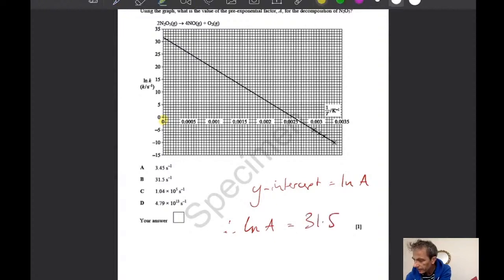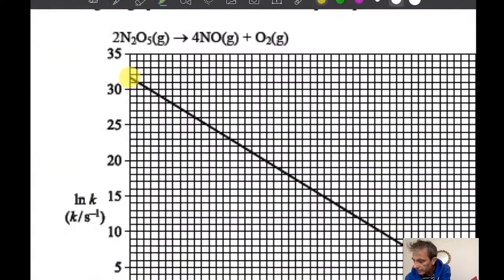So where did I get that from? I literally just worked out where the graph was cutting the y-axis, obviously, and the scale's fairly easy to read, hopefully.